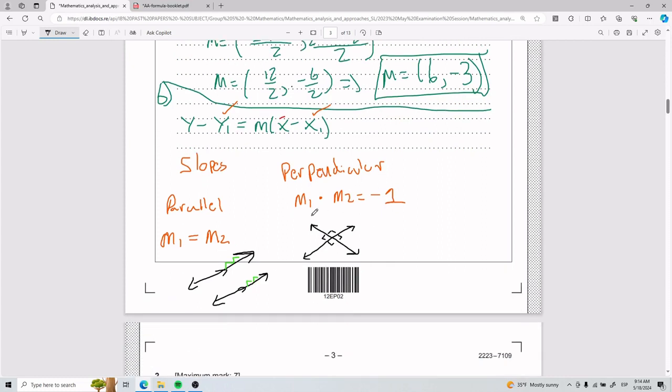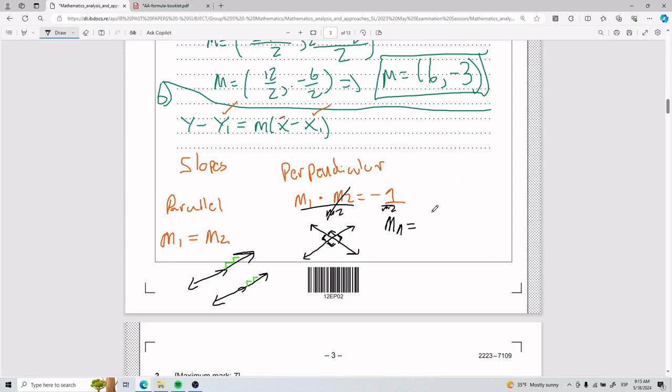Perpendicular lines look like this, okay? And 90 degrees show up all around it, see? And so the hardcore definition is that the slope of the first times the slope of the second equals negative 1. Now, what a lot of you guys have probably been taught is that for perpendicular slopes, m1 is going to equal, if I get m1 alone, right? So you divide by m2 on both sides, right?